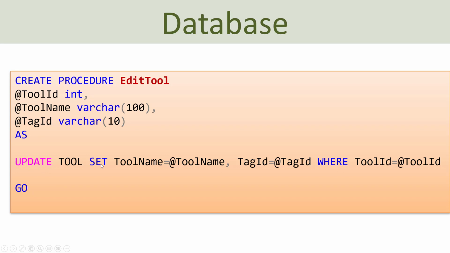Update tool set tool name equal to the tool name input variable, comma, tag ID equals the tag ID variable, where tool ID equals the tool ID variable. So basically this is the new SQL Server stored procedure we need to create in order to be able to update information in the database.